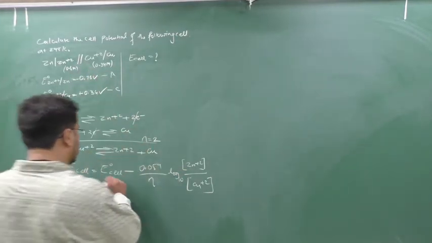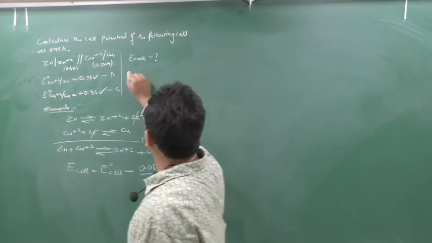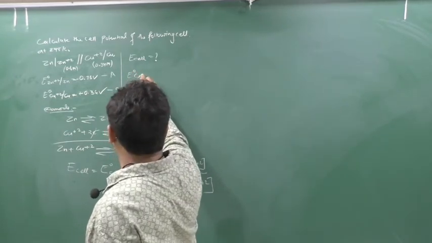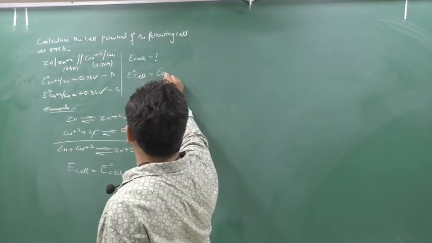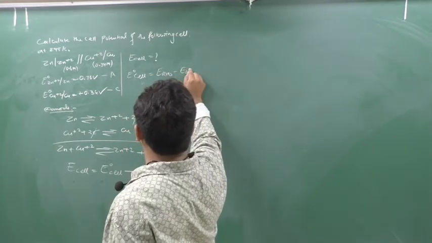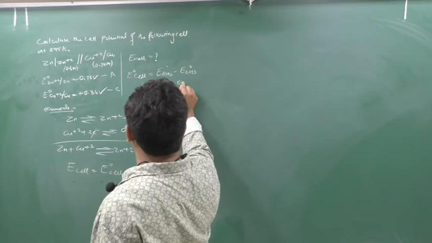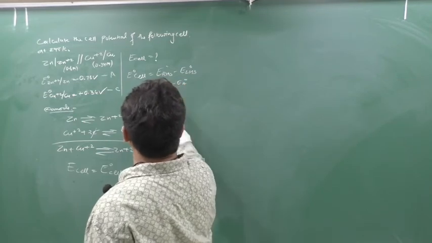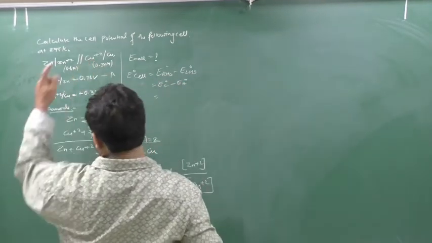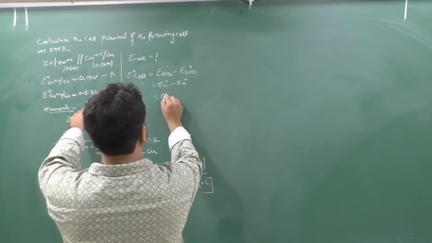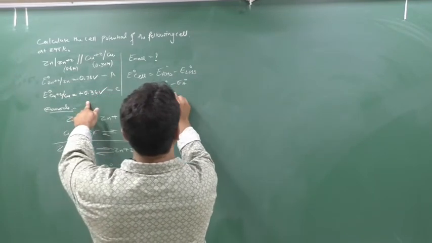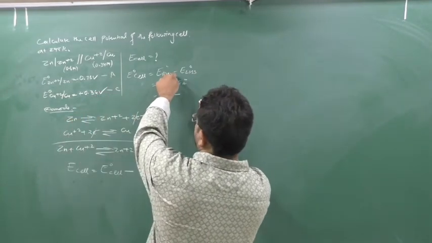So, now the target is E naught cell. So, I will calculate here E naught cell. E naught cell means E RHS minus E LHS, means E cathode minus E anode. But who is at the cathode? Copper. How much for copper? 0.34. This minus comes from the formula itself.